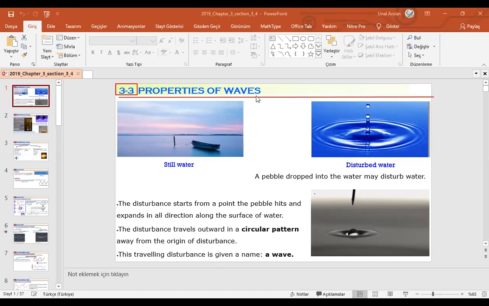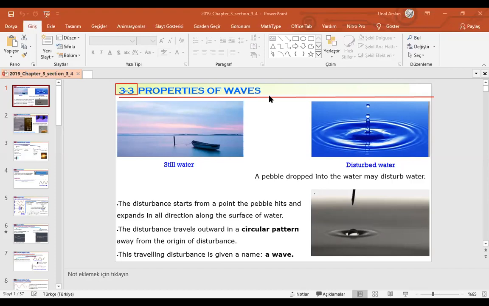Waves are also a kind of vibration, and simple harmonic motion also defines the motion of a vibrating object. For that reason, we will use some information from section 1 and 2 to define section 3, which is about the waves. And first, we will talk a little about the water waves.